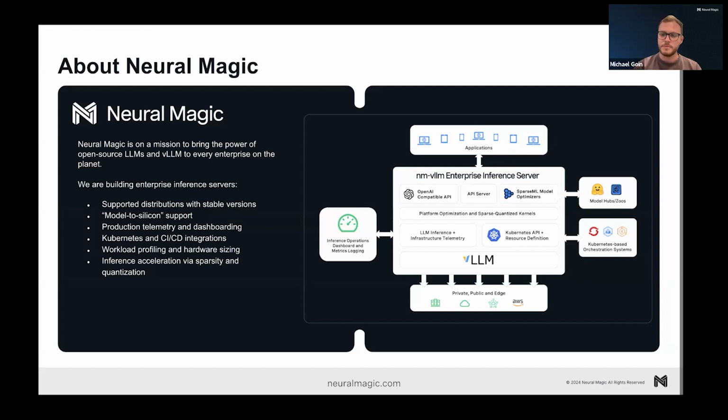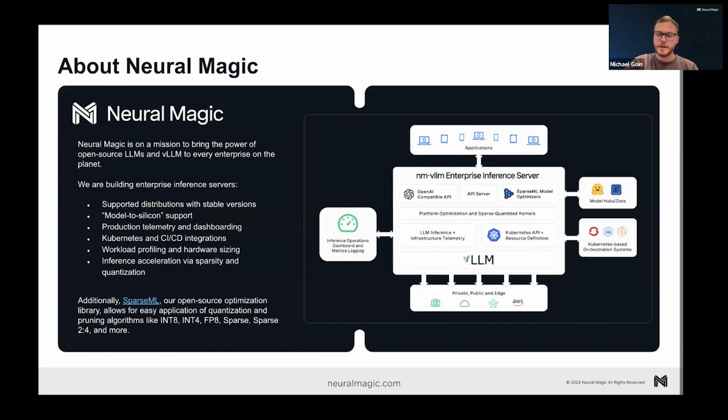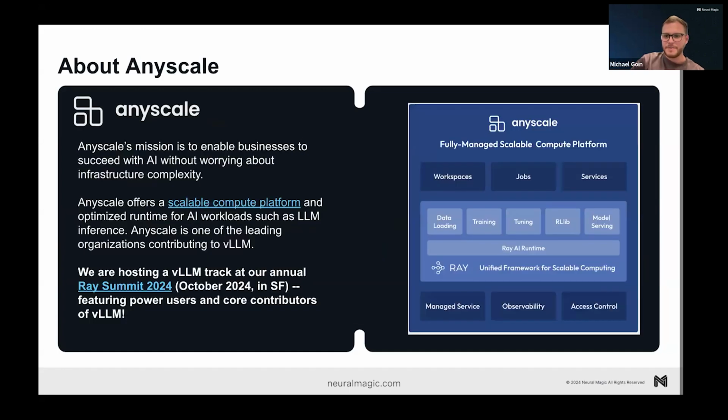We also work to help you right-size and profile your deployment so you understand not only how to configure your hardware and configure your software, but also how you should be optimizing your models or compressing them to hit your performance metrics. And alongside working on vLLM, we build optimization libraries like SparseML and LLM Compressor to help you compress your models as accurately as possible while getting better performance. With all that said, I'd now like to pass it off to our folks from Anyscale, Cody and Philip.